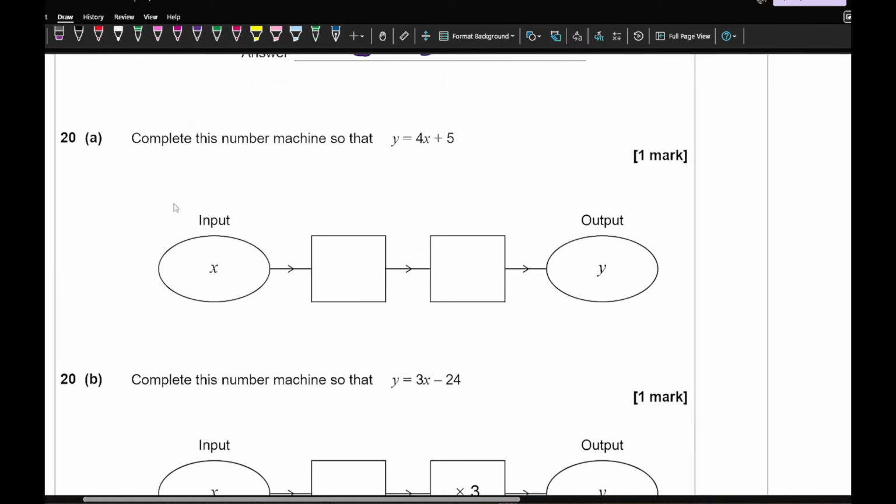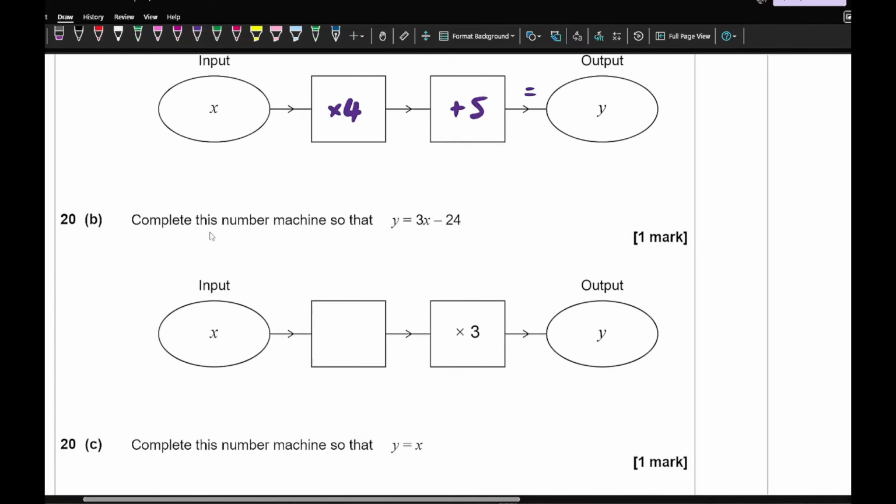Moving on to question 20, it says complete the number machine so that y equals 4x plus 5. So for this, we're starting with x. The first thing we do is multiply it by 4, and then we add 5, and that equals y. Then it says complete the number machine so that y equals 3x minus 24. So because the last thing we do is multiply by 3, for this what we need to do is factorize 3x minus 24.